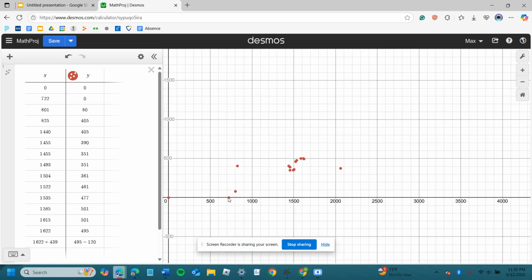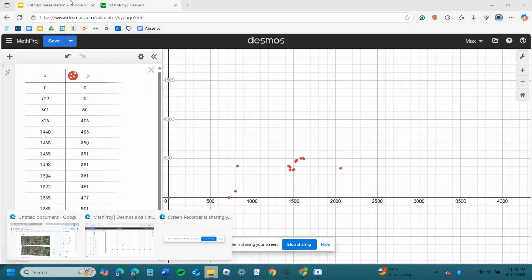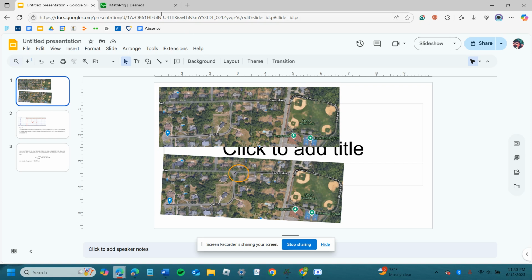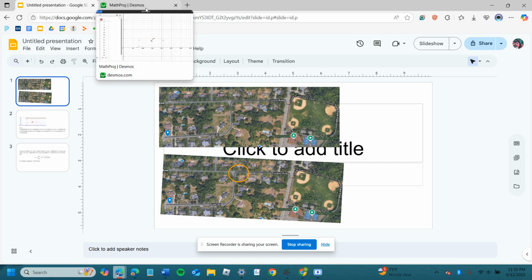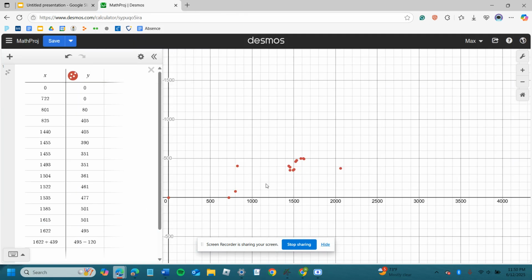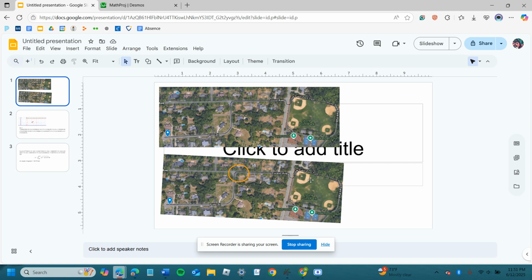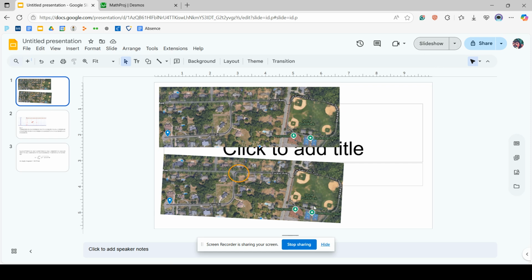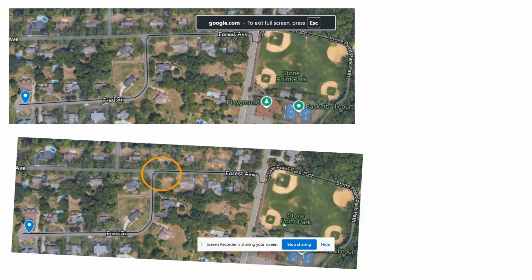I plotted all of these points using the dimensions in feet from the measure tool, so these are actually the units, and I used a bunch of points in order to capture both the straight lines and the curves, the elbows of my path.